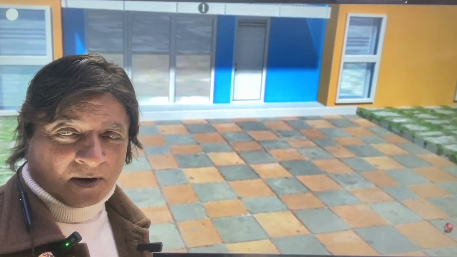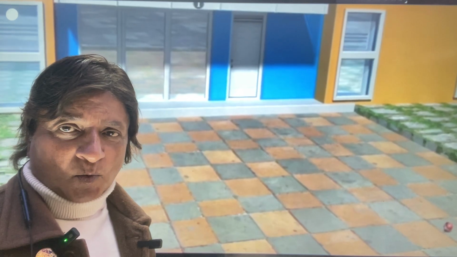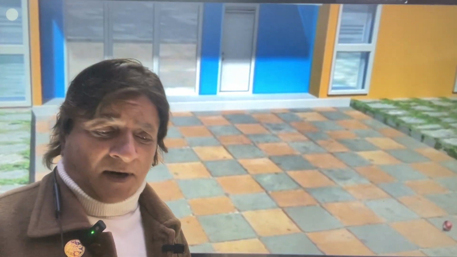It falls down with g, that is 9.8 meter per second square. So, dear students, anything released from a height falls freely on account of the gravitational force of attraction.